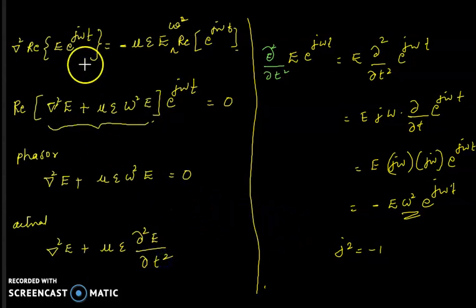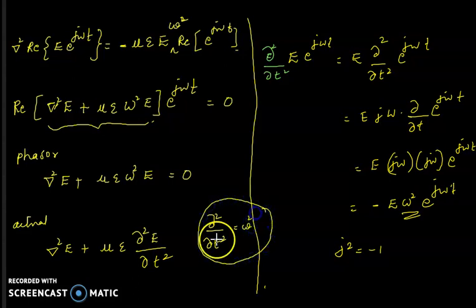So the easiest way to remember this expression is to replace d square by dt square with minus omega square. If you replace d square by dt square with minus omega square, you will get the phasor form. This is the easiest way to remember the wave equation in phasor form.